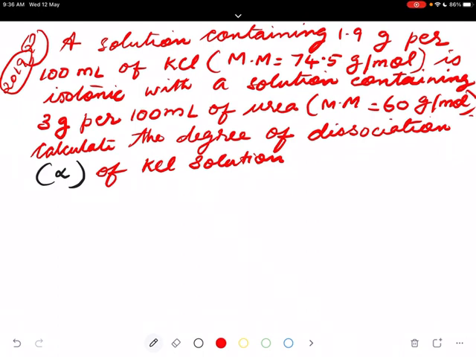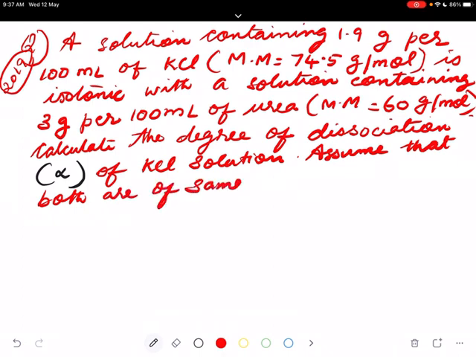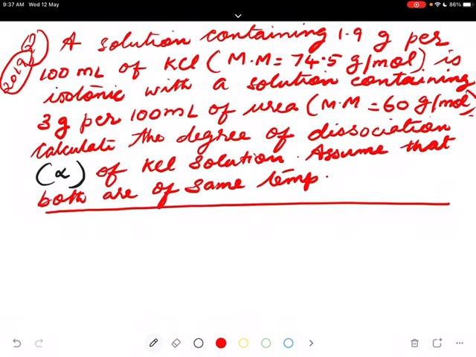Assume that both are of same temperature. So both the solutions have the same osmotic pressure, so pi 1 is equal to pi 2.